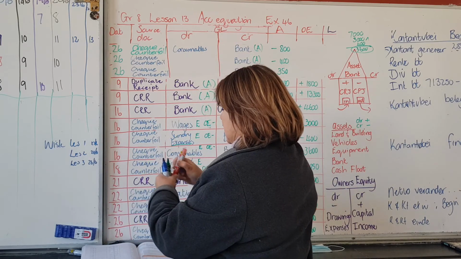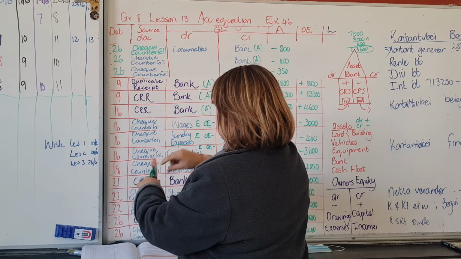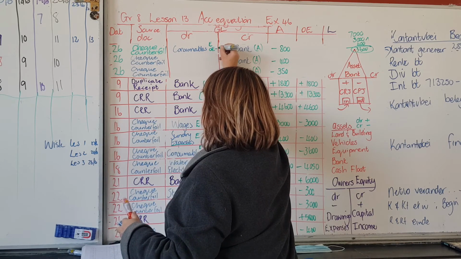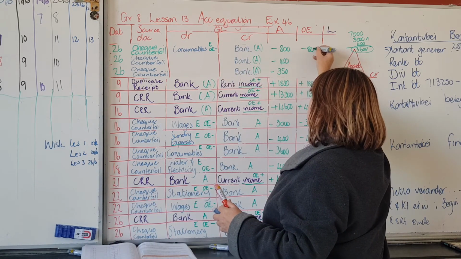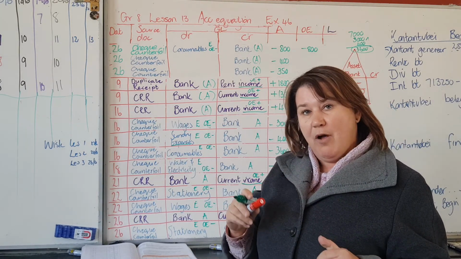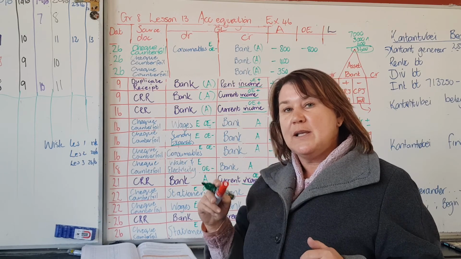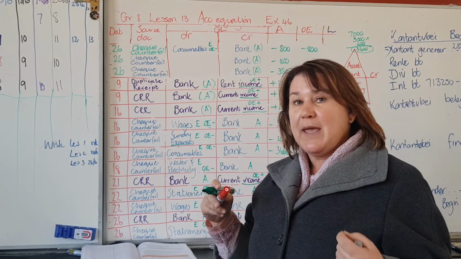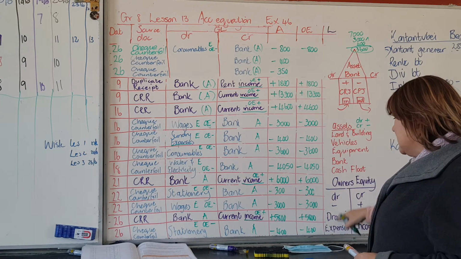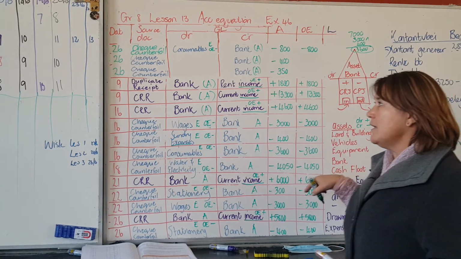So my expense is going to decrease my owner's equity. Okay, expense decreases my profit, and profit is part of my owner's equity. So an expense decreases my profit, and that's why it decreases my owner's equity.